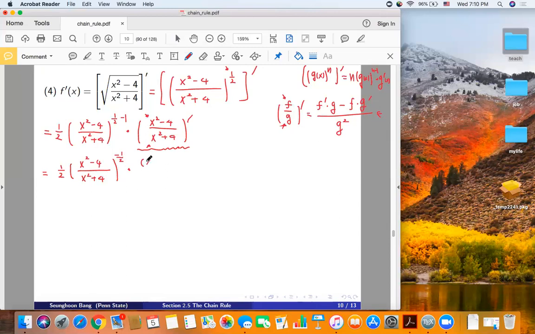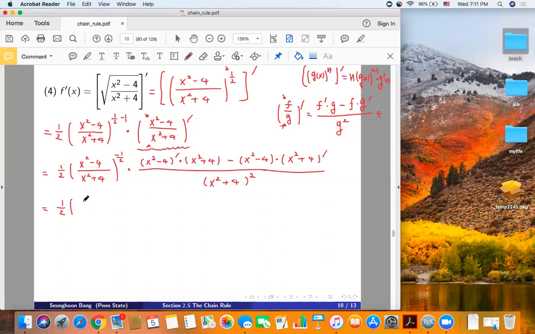So we have x squared minus 4 prime times bottom x squared plus 4, minus top x squared minus 4 times bottom prime, the derivative of x squared plus 4, over bottom squared, like this. The next is simplify.